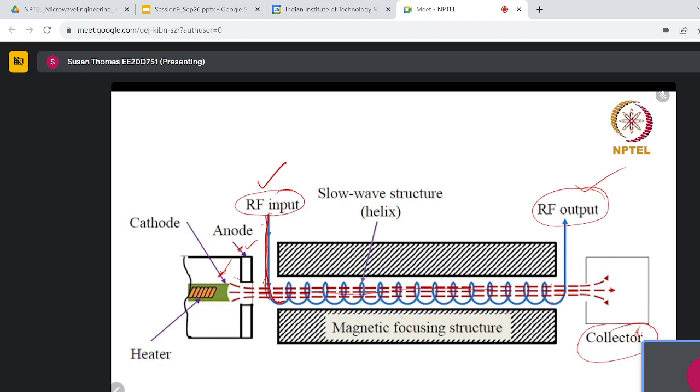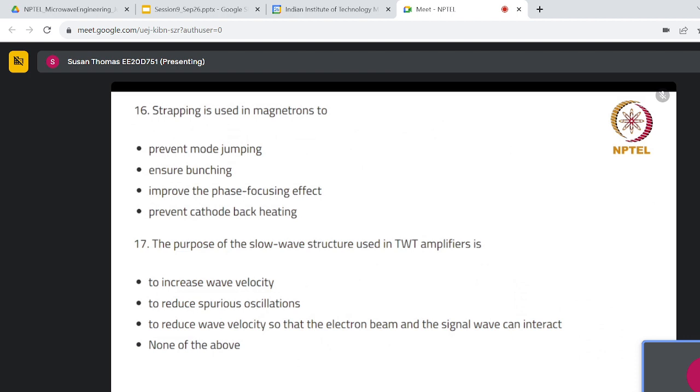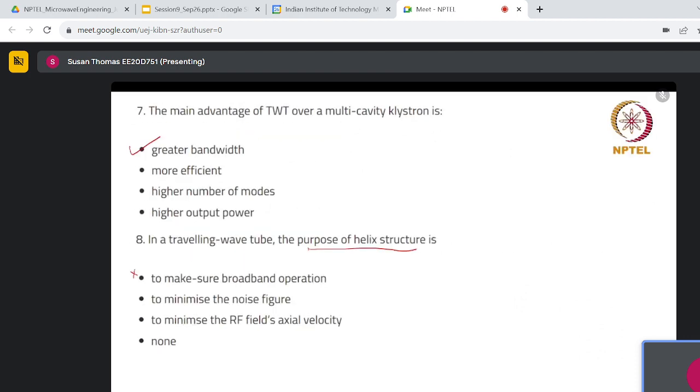Because this is a helical structure, what happens is the RF field's axial velocity, don't you think that will reduce? So the RF field is going through the helical structure, which will eventually reduce its axial velocity. So that is the purpose.